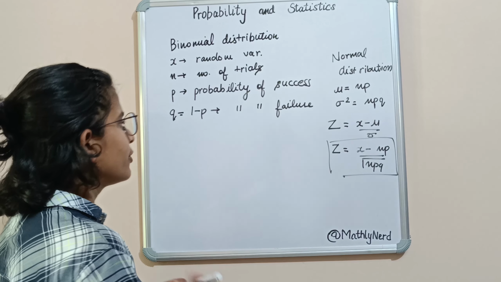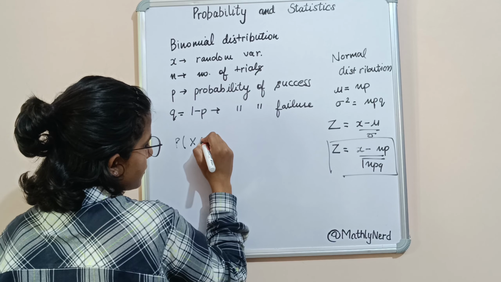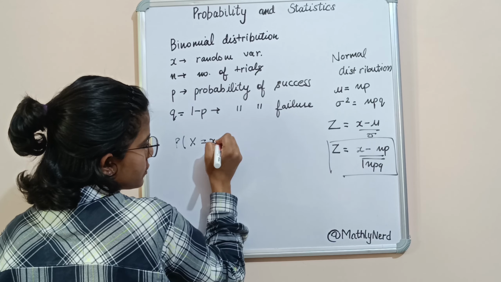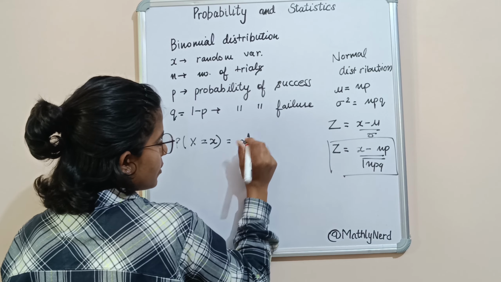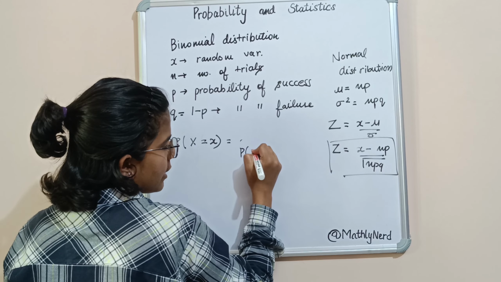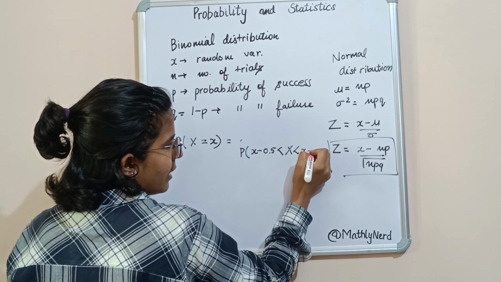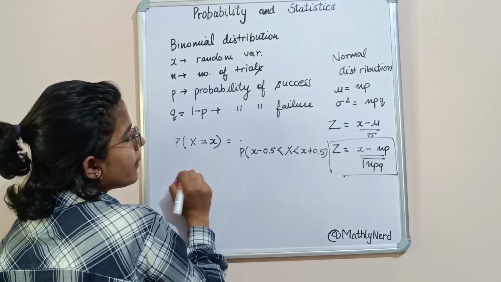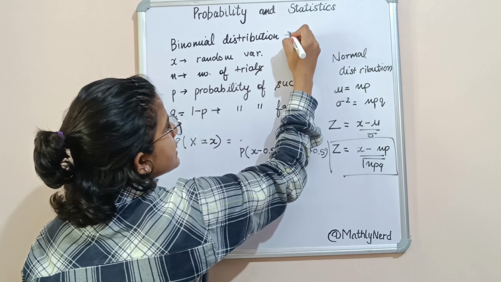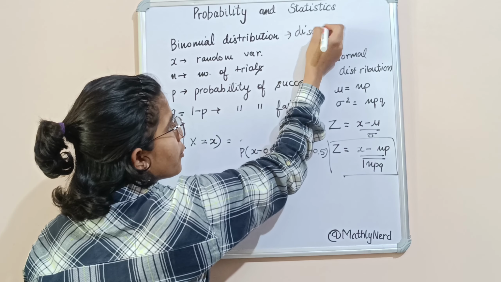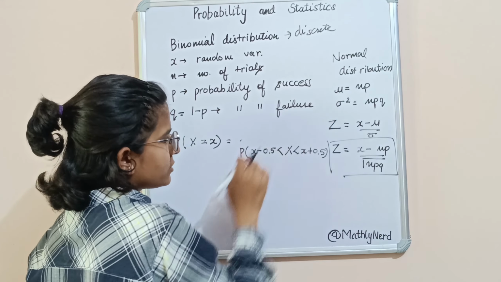Now, if we want to find out the probability of X equal to small x, then this probability will be equal to the probability of x minus 0.5 less than capital X less than x plus 0.5, because as we know, the binomial distribution is a discrete probability distribution and our normal distribution is a continuous probability distribution.